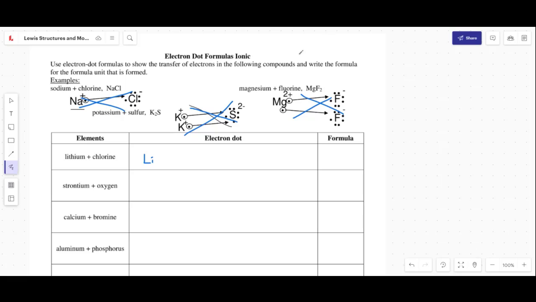Very good. I'll draw the 1 valence electron as a circle like this. And then we also have chlorine, which is the neutral atom as shown above here, has 7 valence electrons.